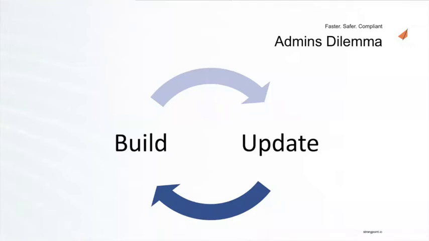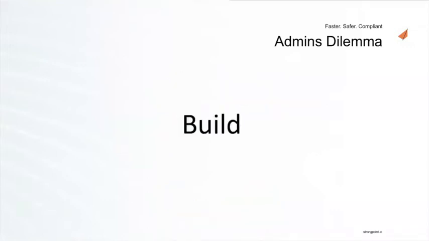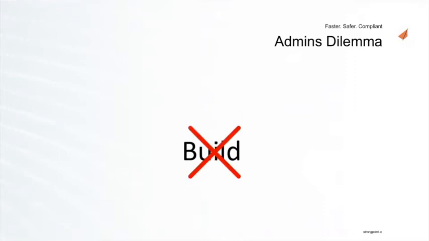So what we end up with, which is the easiest thing to do, is just build newer standalone customizations. And building frequently without considering deletion of old customizations is generally not considered a best practice. It leads to technical debt. It leads to making your org more complex.